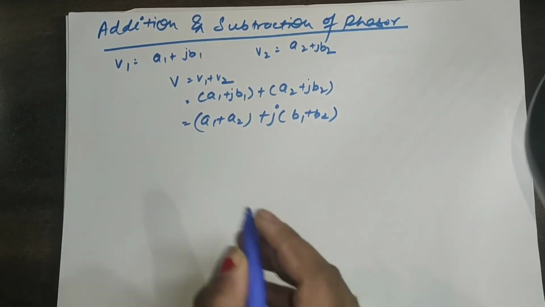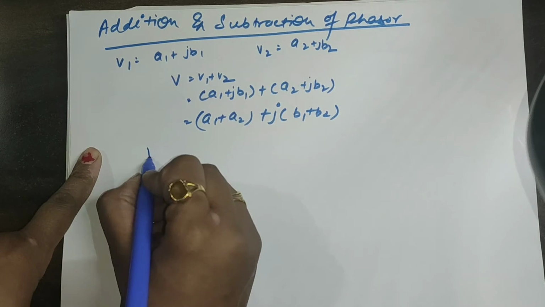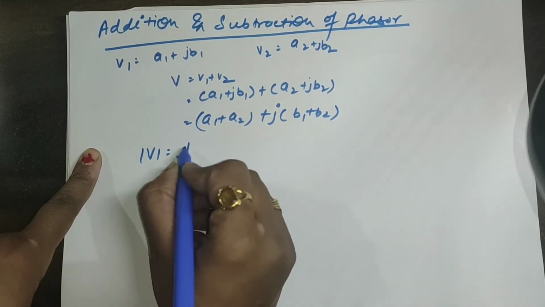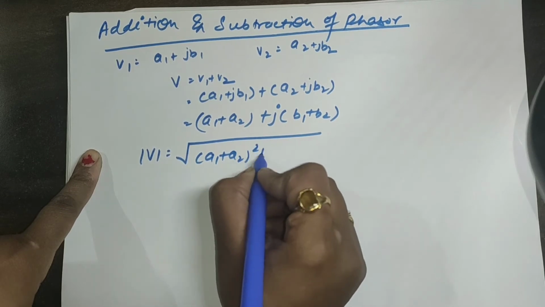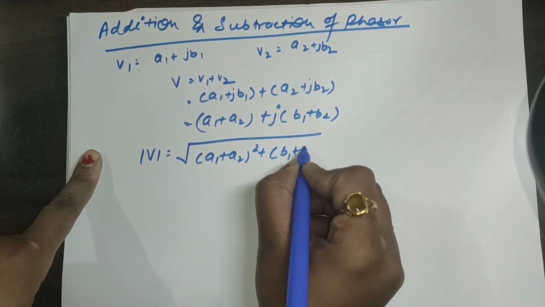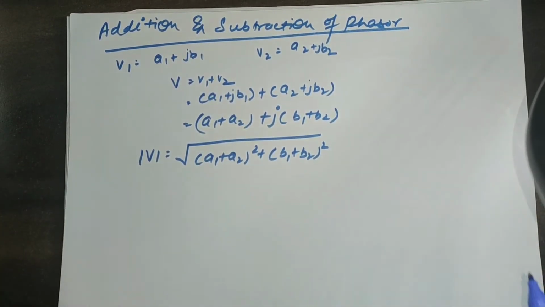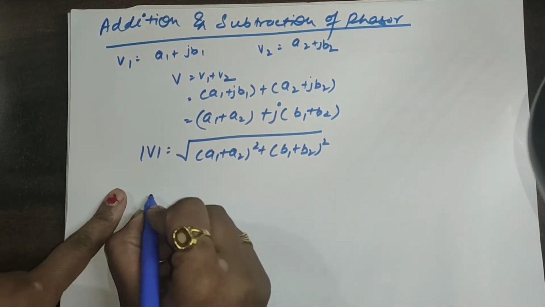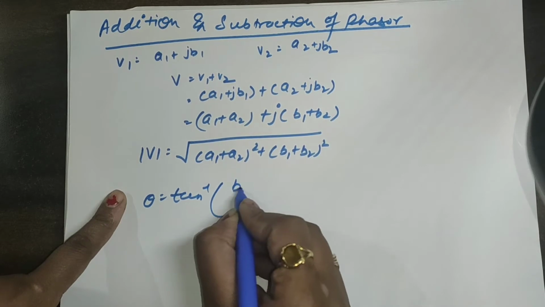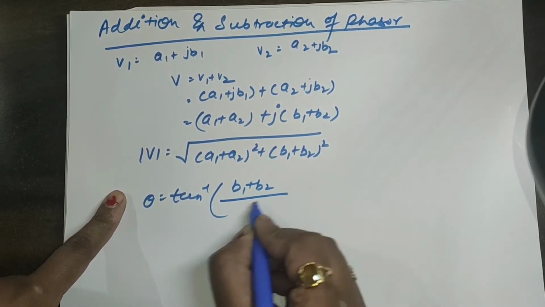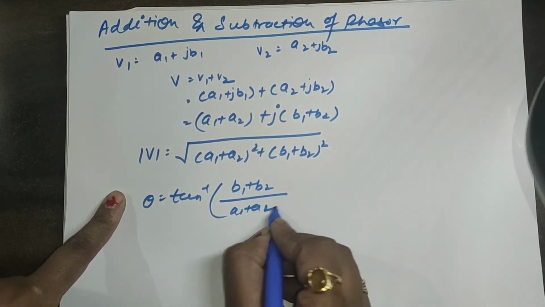Now what will be the magnitude of this resultant? That is under root of A1 plus A2 whole square plus B1 plus B2 whole square. Now what will be theta? That will be tan inverse of B1 plus B2 upon A1 plus A2.